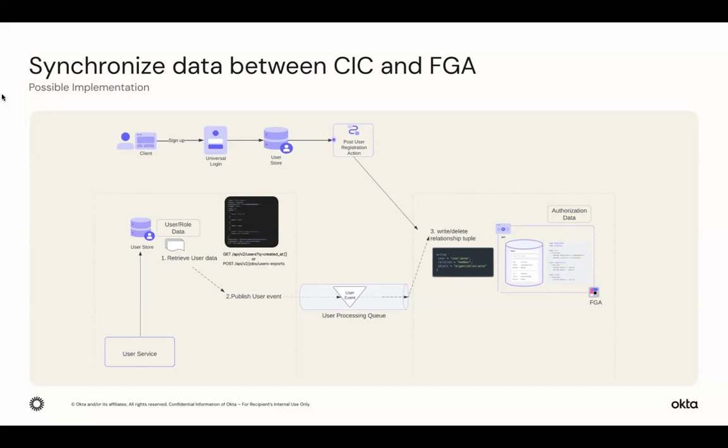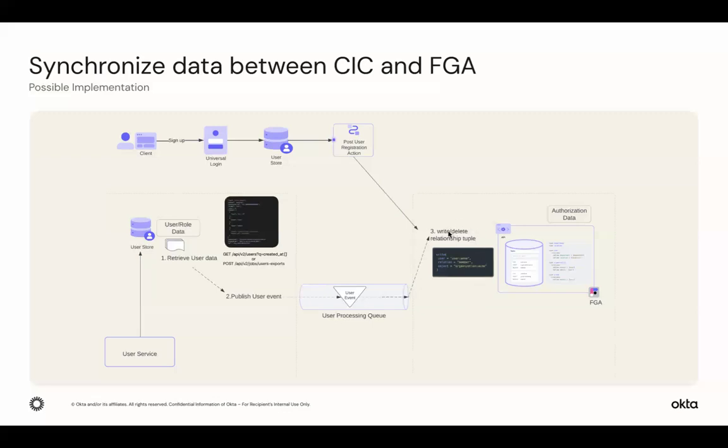So if a user signs up, you can call the post user registration, or if you're adding a user manually inside the database in Auth0, you can create an event where the end user gets added. This event will call the FGA API. So either using the events or the actions in Okta CIC to call FGA APIs.